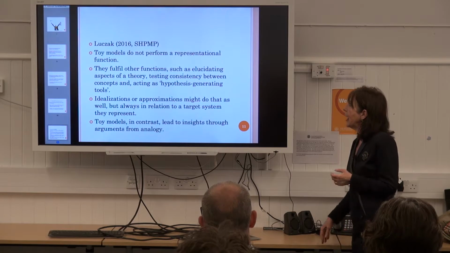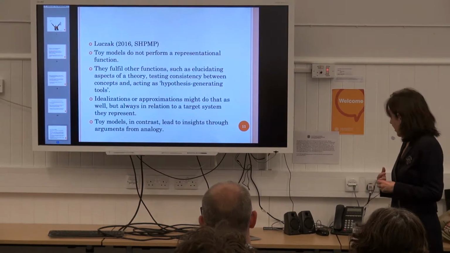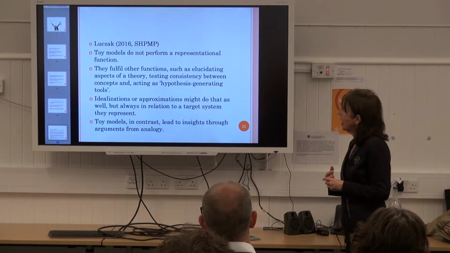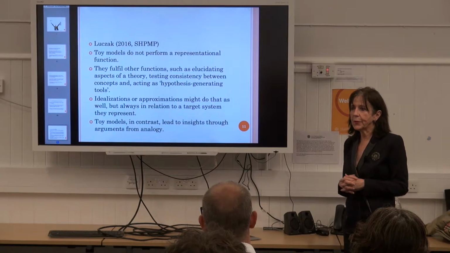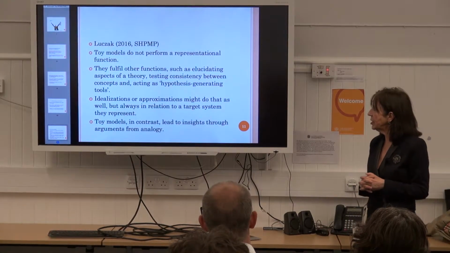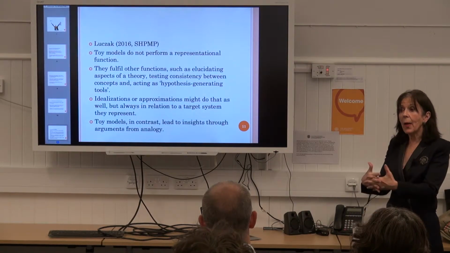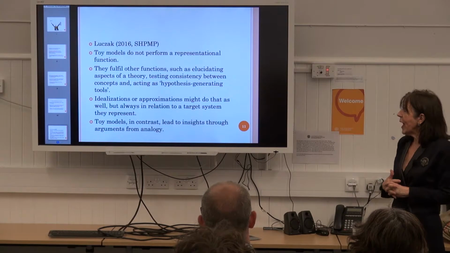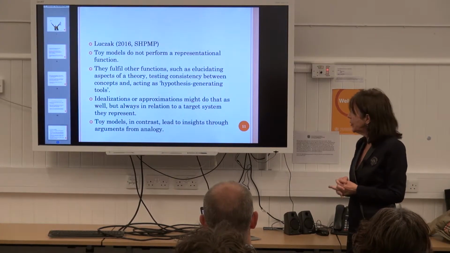Then there's a recent paper in Studies in History and Philosophy of Modern Physics by Lutzak, who says, yes, I agree with Hartmann and Frigg that toy models actually don't have any kind of representational function, but they do take us beyond the model itself, and they have other sorts of functions. So they elucidate aspects of a theory.